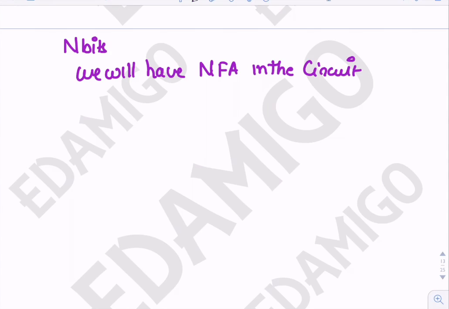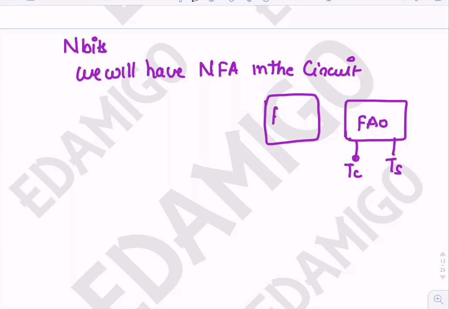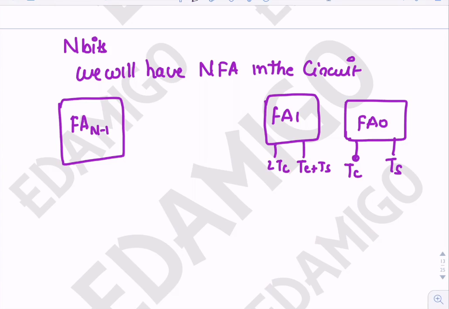Okay, so we can see that the full adder 0 will produce the carry output at tc, and this is at ts. Full adder 1 will produce the output sum bit at tc plus ts, and this at 2tc. Similarly, the last one, full adder n minus 1, will produce the output.